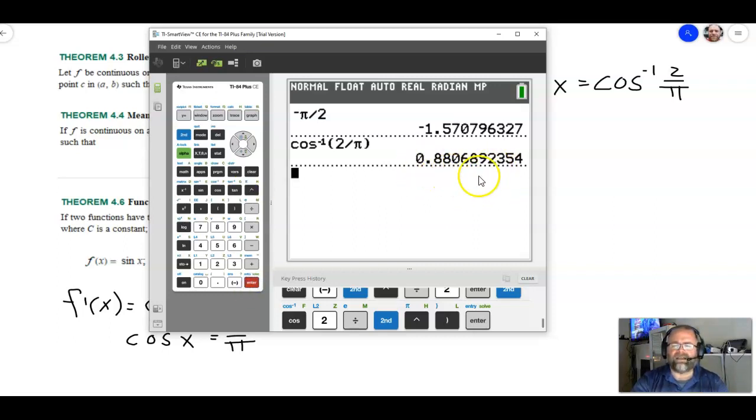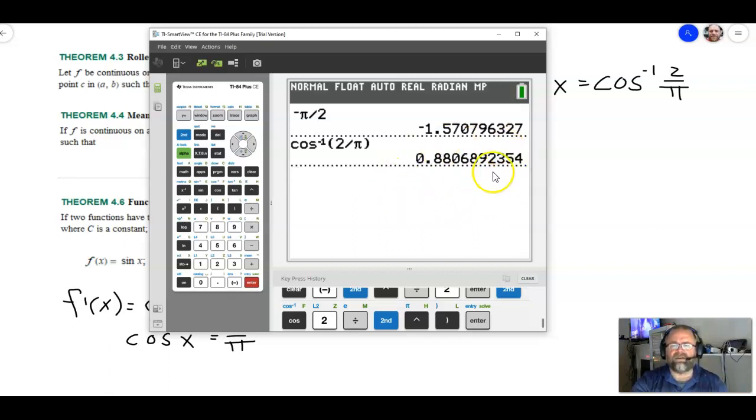Now, if I add 2 pi to that or subtract 2 pi from that, I'm going to be outside of that interval, so I don't need to worry about that, because adding 2 pi is adding like 6.28. That's going to be way over 1.57, and subtracting 6.28 is going to be way below negative 1.57. But remember, for most of these, we're going to have two angles that will give us the same value.